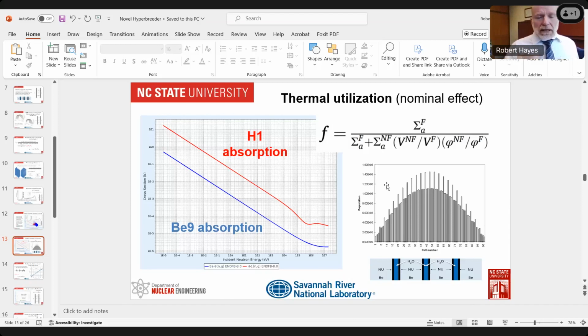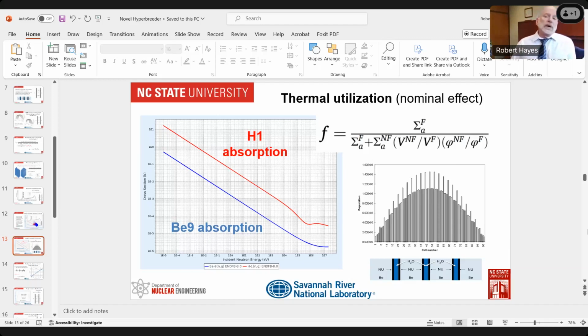What ends up happening is that the dominant factor here for this reactor turns out to be the macroscopic absorption cross-section for the non-fuel, because for the light water, the hydrogen is a poison. It will absorb neutrons. Now, the beryllium will also absorb neutrons, but far, far less. So when I have a much smaller non-fuel macroscopic absorption cross-section, my thermal utilization is increased.